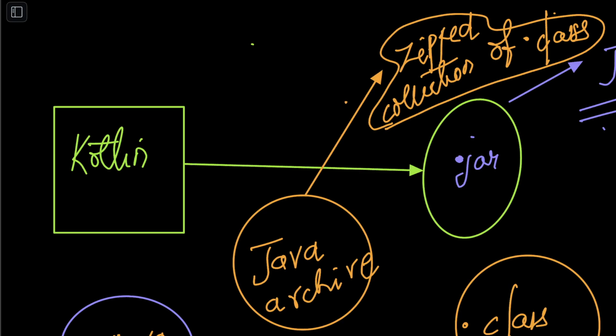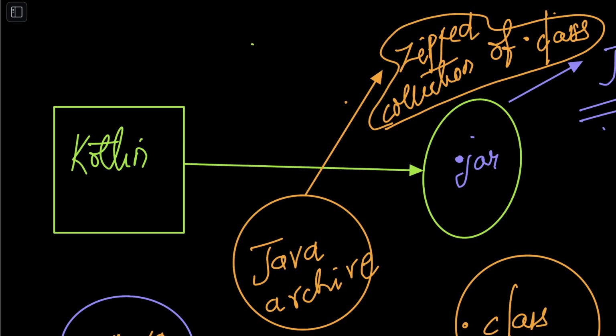To generate that, oh, you have to use this now: kotlinc main.kt, and then include runtime, main.jar.